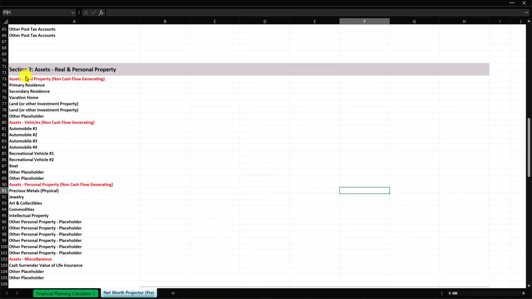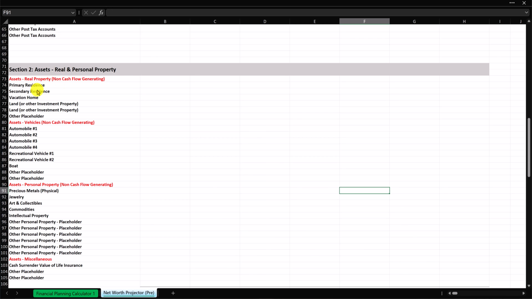Moving down into section 2, we have to list out all of our other assets that are not financial assets. For example, real and personal property would be the most common examples. So we have our real property assets, and I wrote not cash flow generating right here, meaning these are not rental properties, these are not business assets, these are our personal assets.